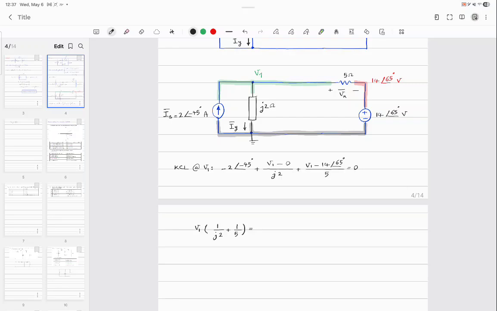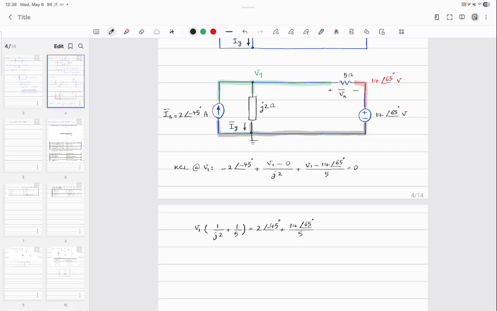I'm not sure if your calculator can do it in the initial form, probably not. So you have to do some... Do you agree with what I have written?